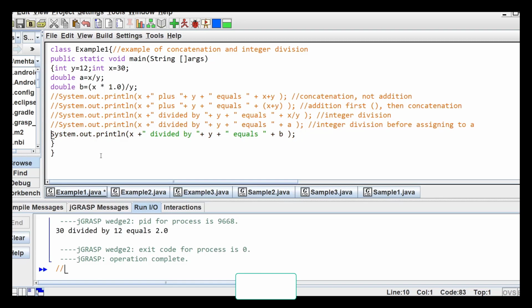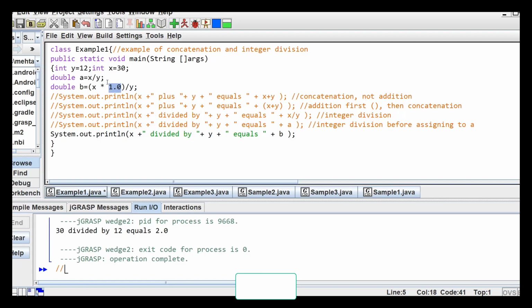Let's try this last way. X divided by Y equals B. What is B? Okay, so the first thing that happens here is this multiplication. So I've got an integer multiplied by a double, and the double is 1.0, which will not affect the overall value of X, multiplying it by 1, but it is a 1.0, which is a double.